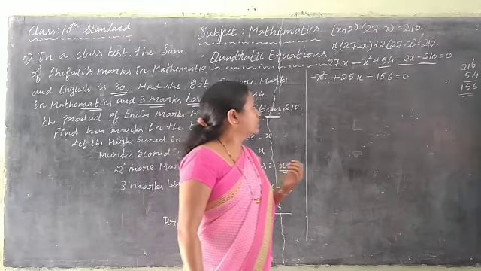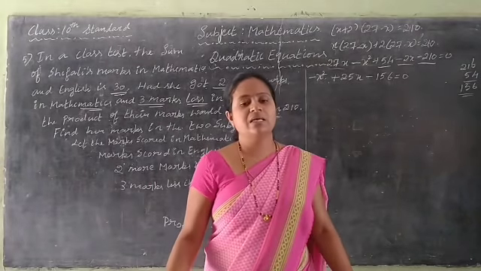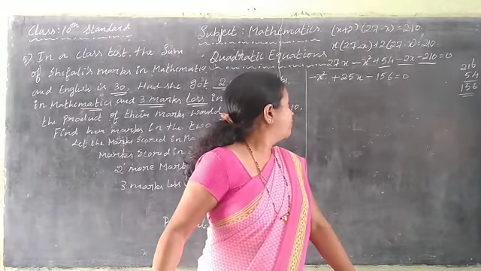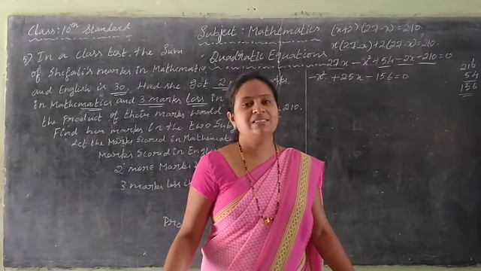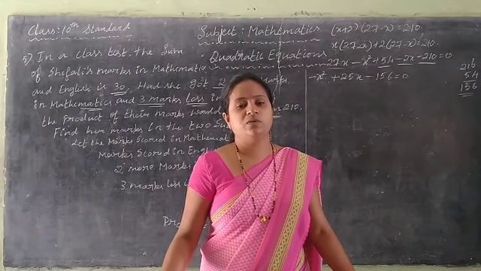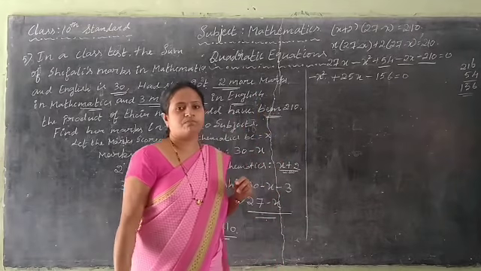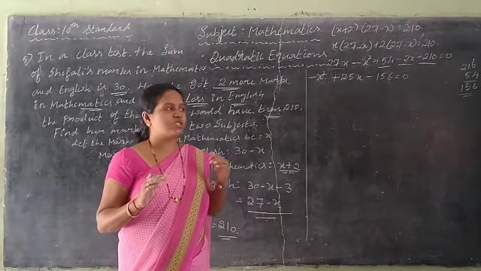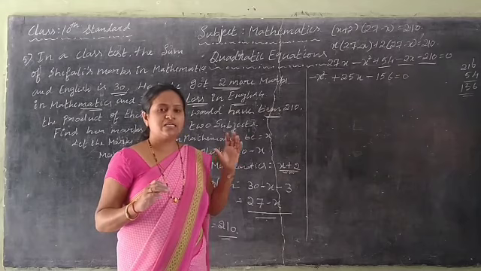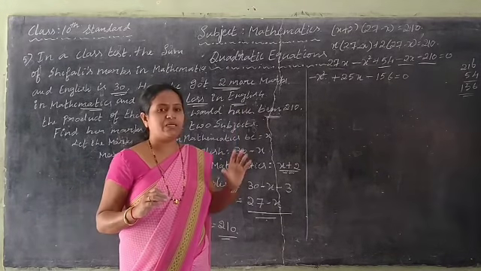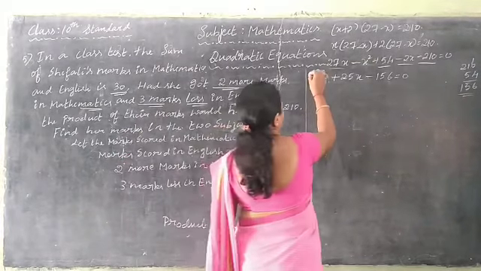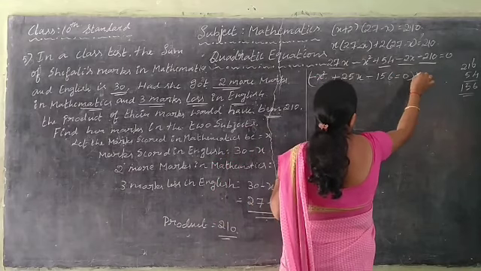Okay. Now we got the equation, that is minus x square plus 25x minus 156 is equal to 0. Right. See here, in the beginning there is a minus, children. So in the quadratic equation in the beginning there should not be minus. That is why we are going to multiply the complete equation by minus 1.